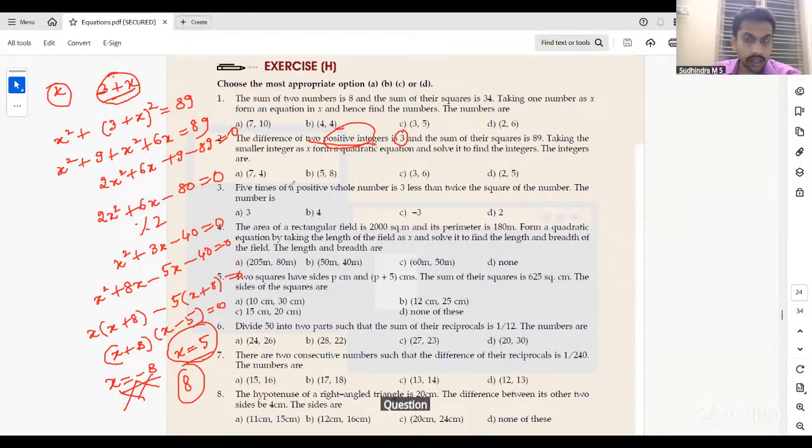Question number 4. Yes, Vikram, correct. Ganavi, correct. Jeevan, correct.